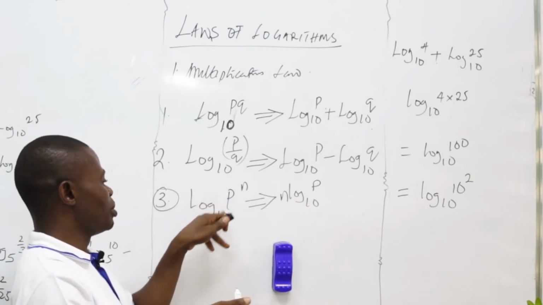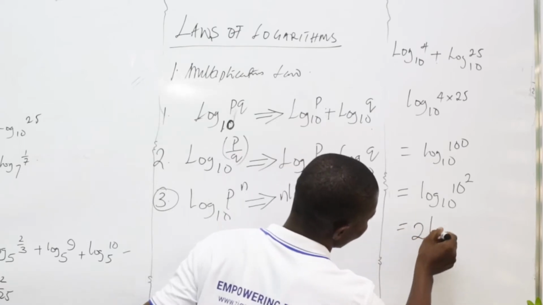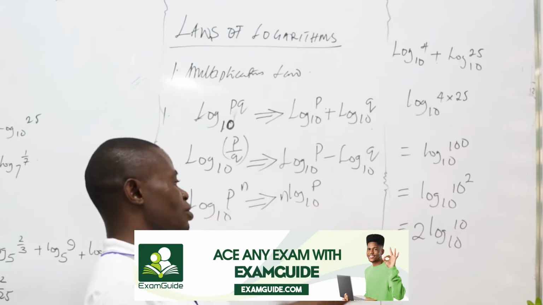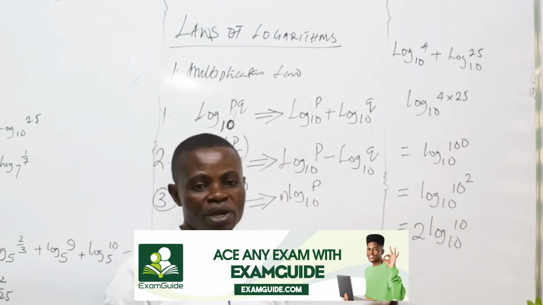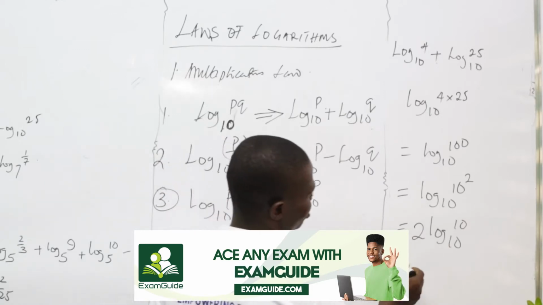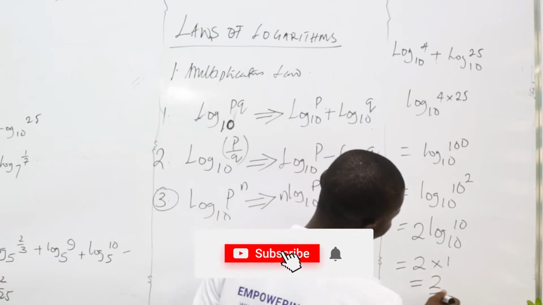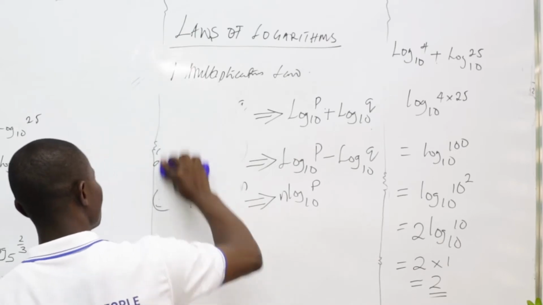Log 10 power 2 base 10, meaning 2 log 10 base 10. I've told you that in logarithm, once the number is equal to the base, everything is 1, meaning 2 multiplied by 1. Our answer is what? 2. Another question based on this.